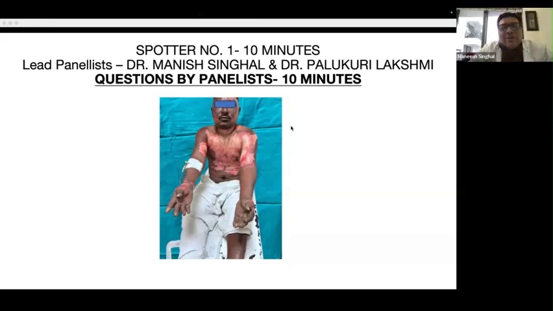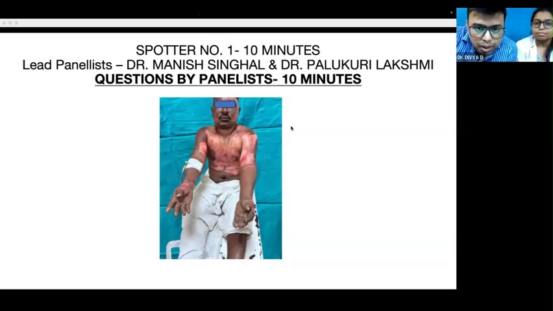So, what day of burns can this patient be, and how do you decide that? This is the picture. I know it is not a perfect question to ask, but maybe you can zoom a little and tell me what day it can be and why. This burn can be between day 3 to day 7, sir.